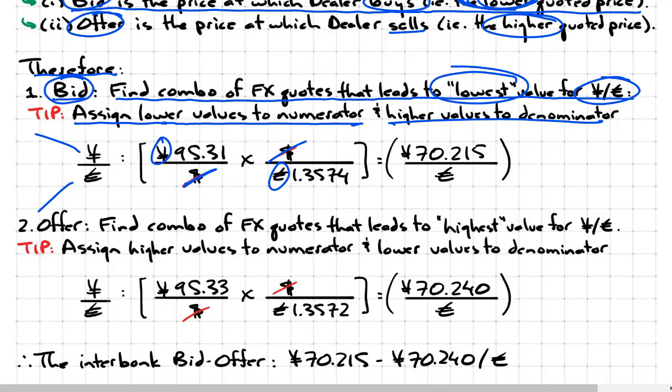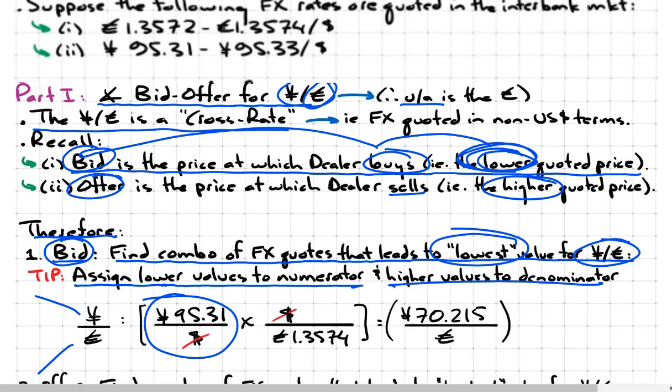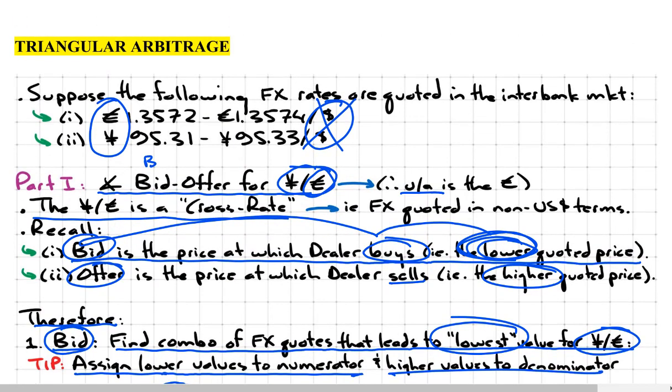Now the other thing is, we want the combination that results in the lowest possible value. Remember, for each of these quotes, like the yen to the dollar, you have two quotes, and here it is. So here's the yen to the dollar. Do we use 95.31 or do we use 95.33?